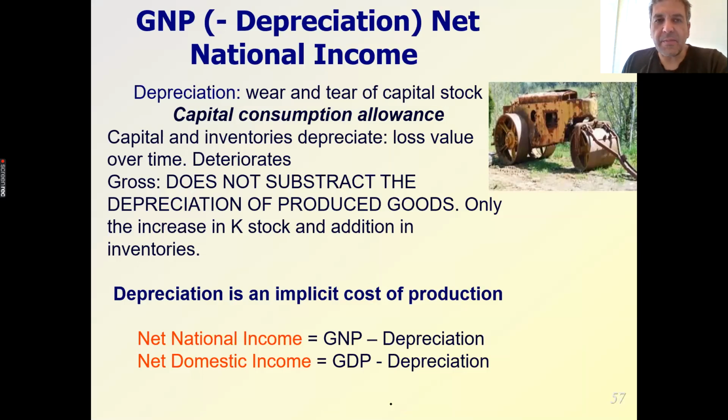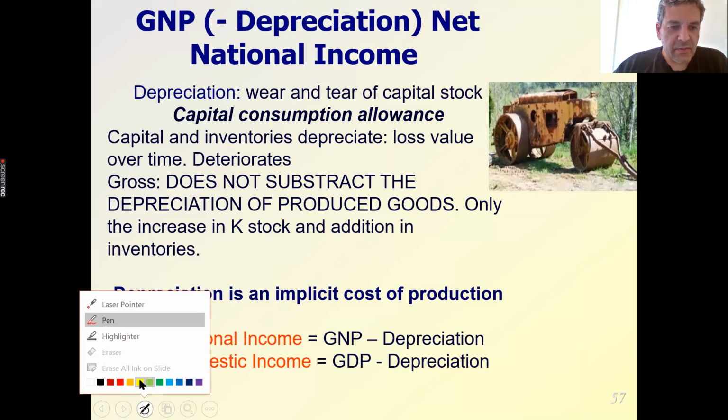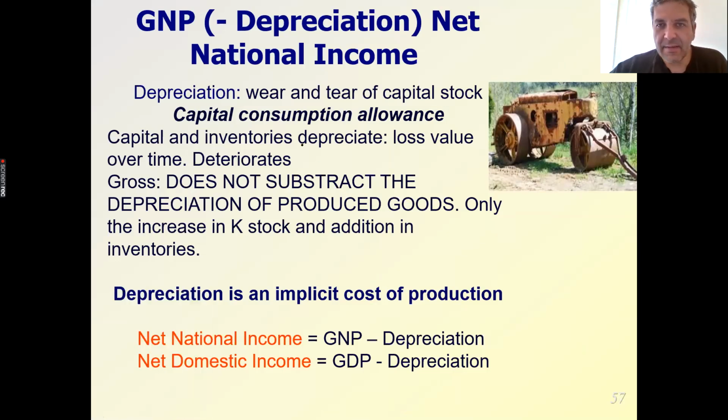Let's finish this concept of GDP and GNP by trying to define the last concept, which is called the net national income. The net national income has a difference when we talk about gross national income or net national income. So what's the difference between this idea of gross and net?